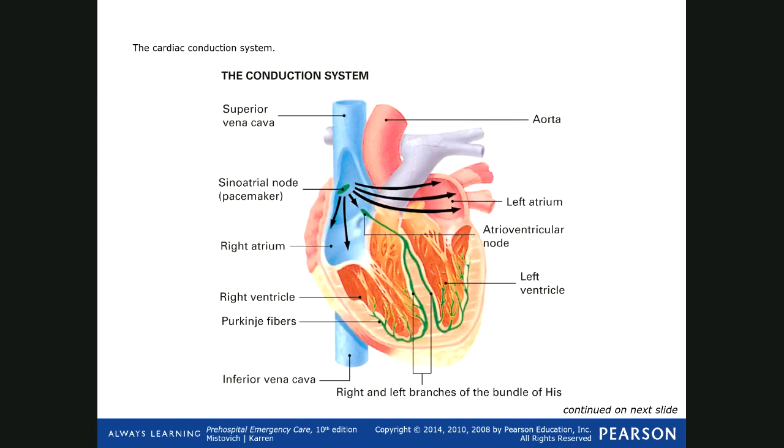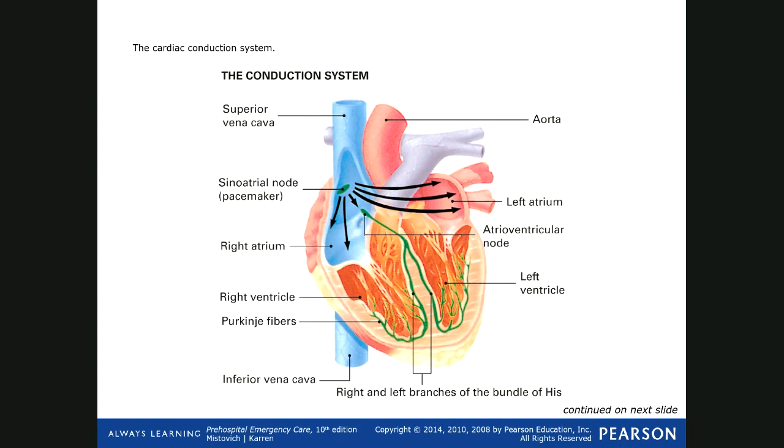So here is the conduction system of the heart. Again, this is where your SA node should be. Your AV node is right down here. Between the SA node and the AV node, we have what are called internodal pathways, and this just connects the SA node to the AV node.